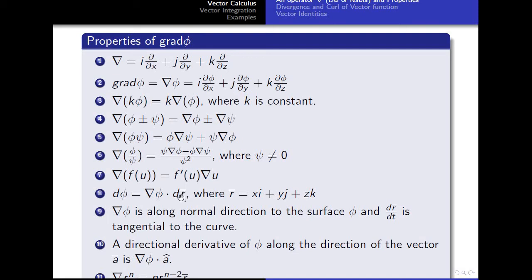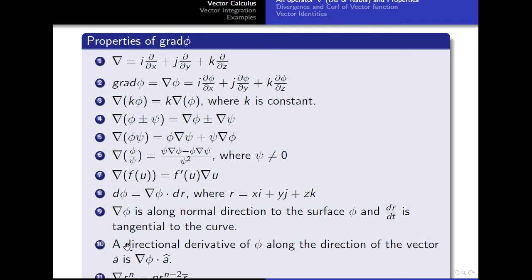Dr bar is a tangential direction, and grad phi is perpendicular to this tangential direction. That means the gradient of phi is along the normal direction to the surface phi.